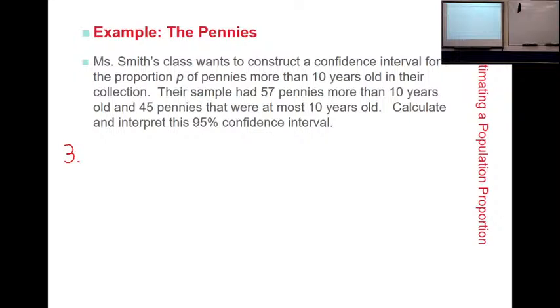The formula: point estimate, or p hat, plus or minus our critical value, which is our z-score, times my standard error, which is my standard deviation formula. So the square root of p hat times 1 minus p hat all over n.